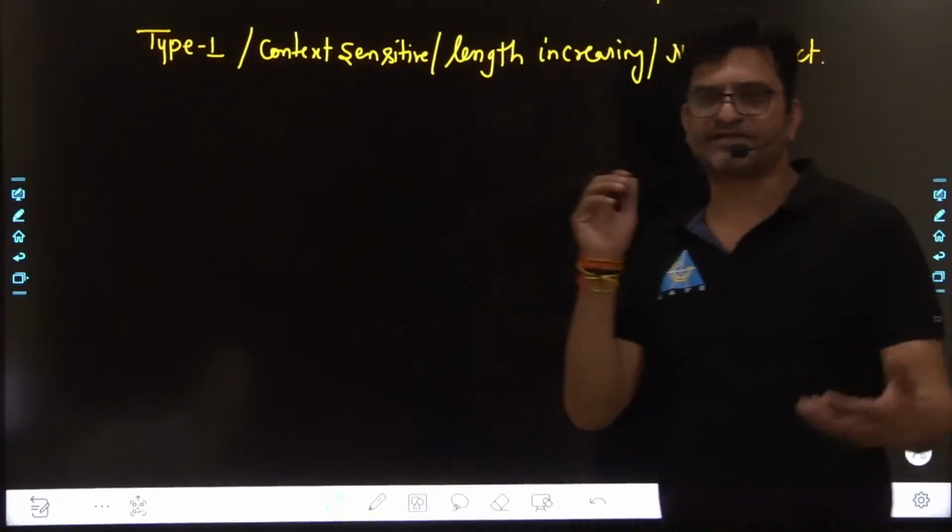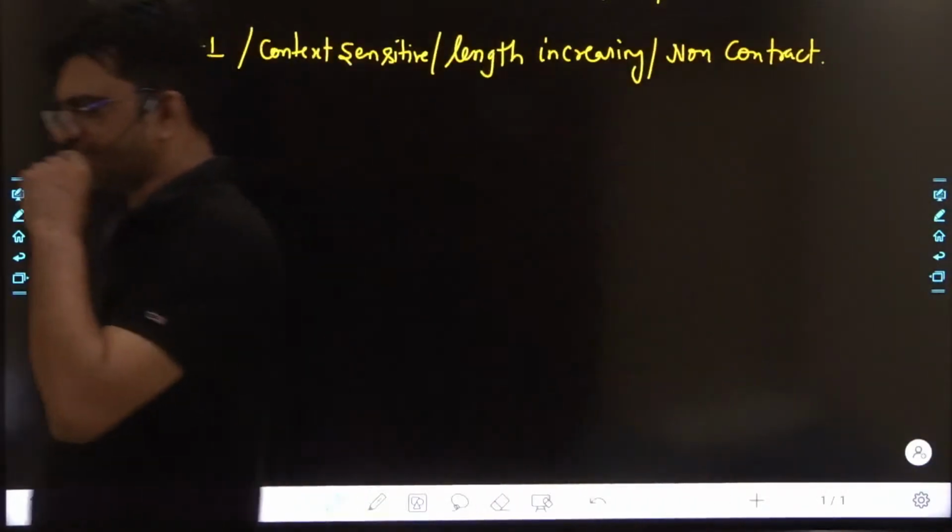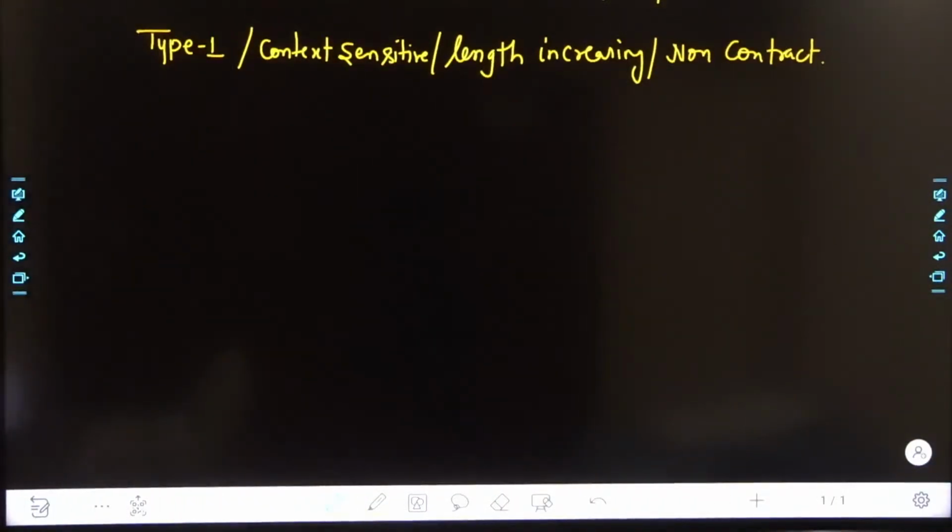So there is some restriction as compared to type 0. So what are the restrictions? Please see here.